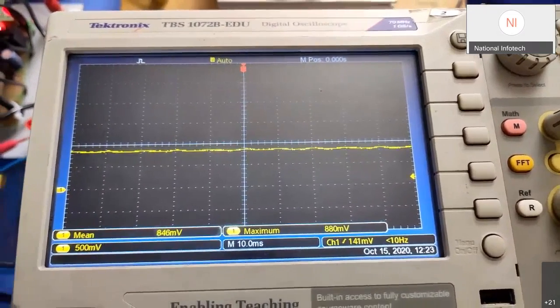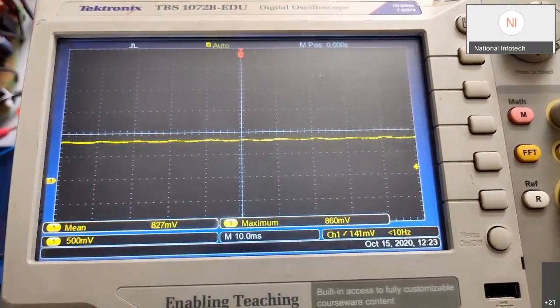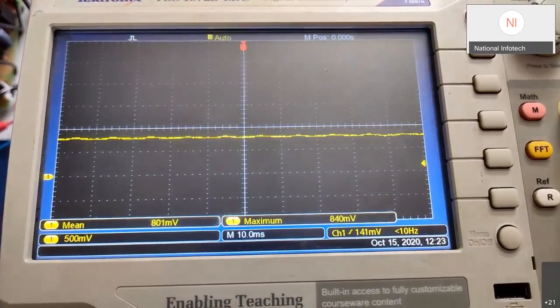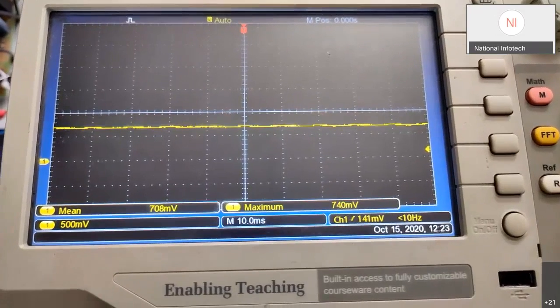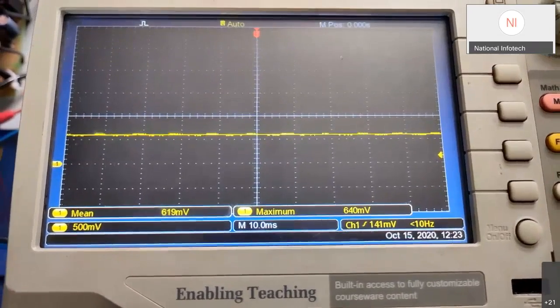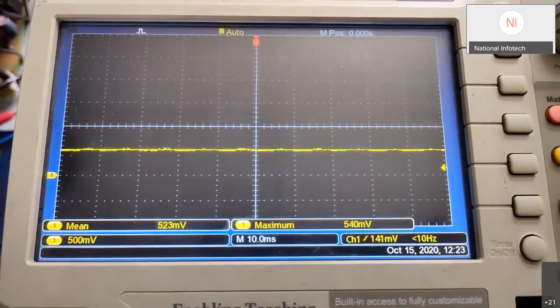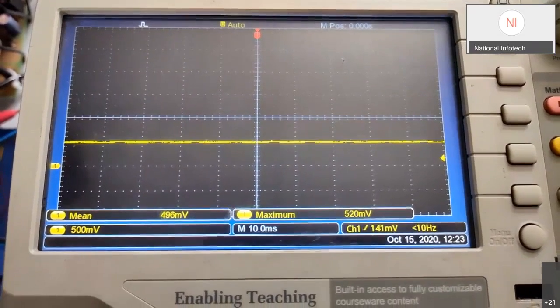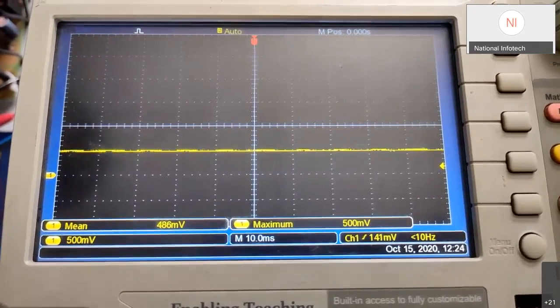At the 2.5, it should be 0.5 volt. 0.5 volt is 500 millivolts. So now I set it at 500 millivolt. Now it is coming to 500 millivolts.